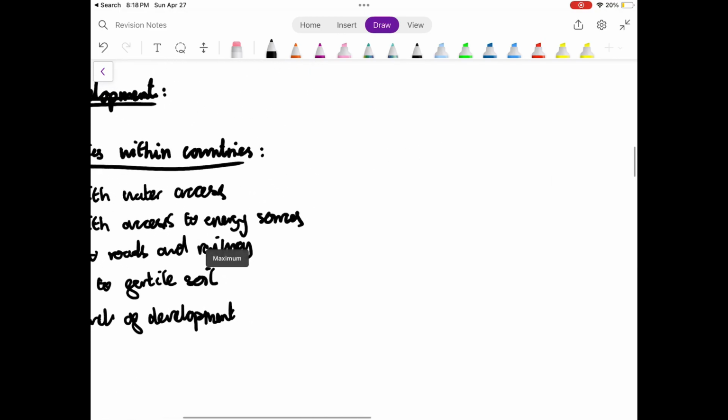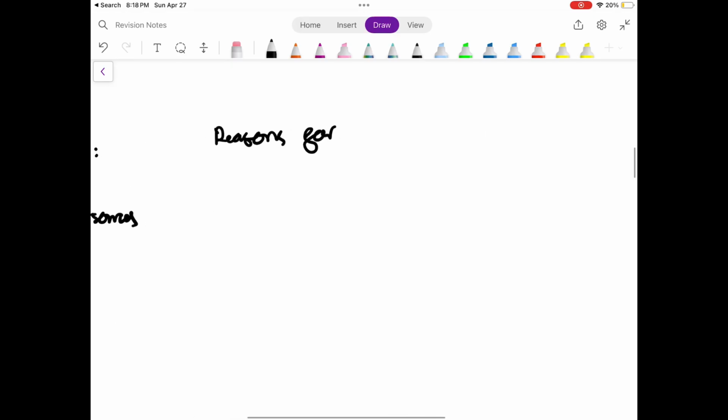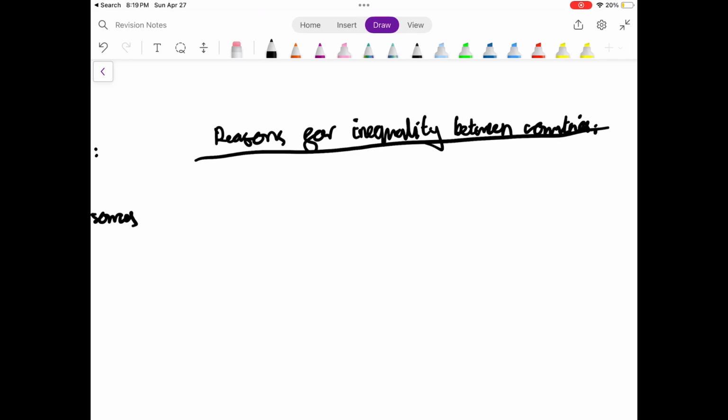So now we're going to be looking at the reasons for inequality between countries. Okay. So the first reason is colonization.